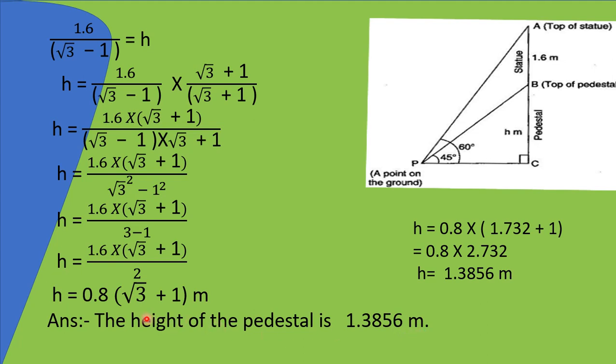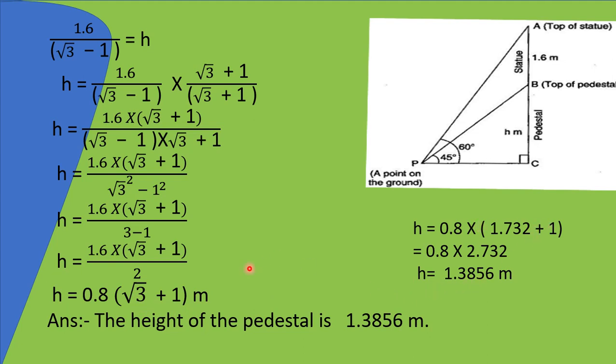Now remember, when you get the height as 0.8 into root 3 plus 1 meter, this is also the height, and we can leave the solution up to here only. But by putting the value of root 3 we get the exact value of the height of the pedestal in meters.